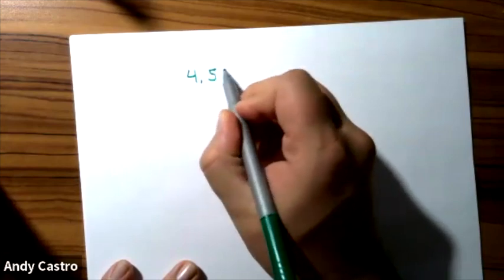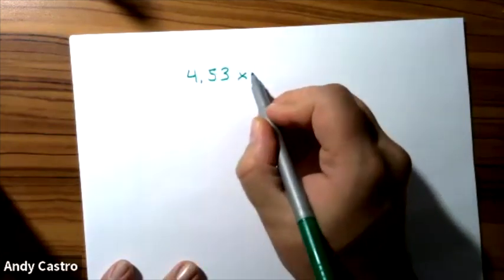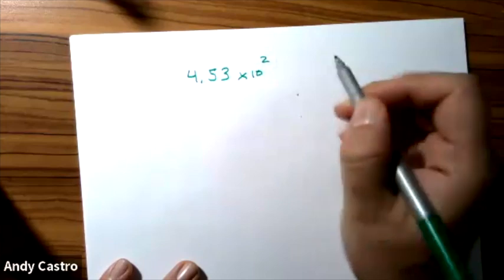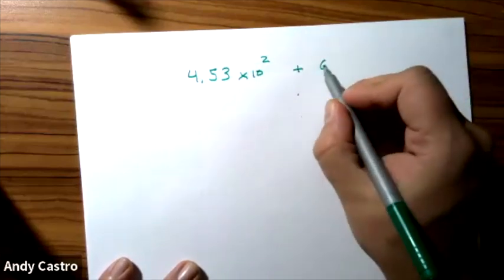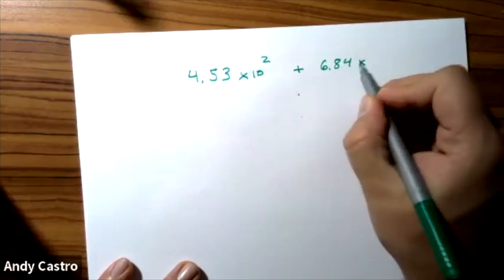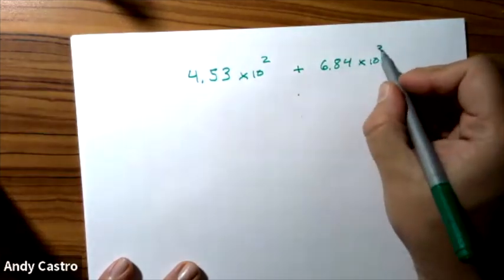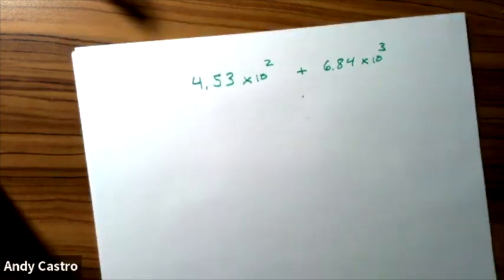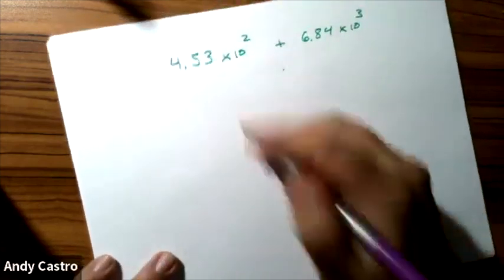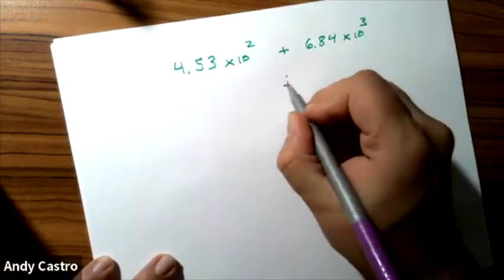So let's say that we have two numbers, 4.53 times 10 to the second, and we're going to add that to, let's say, 6.84 times 10 to the third. Okay. All right. So are these like terms? Okay. So if we remember what like terms are, remember terms are things we add.